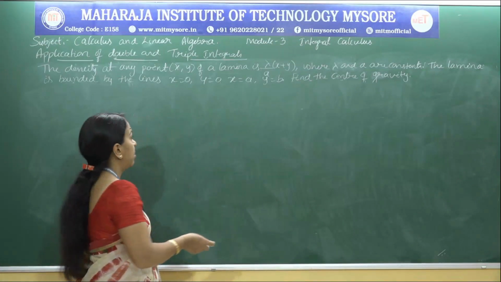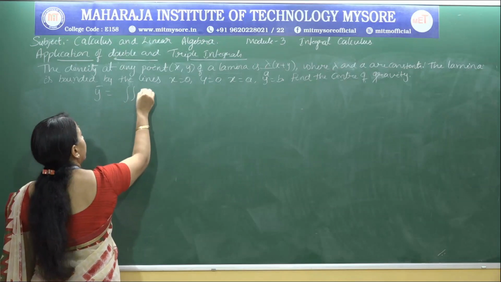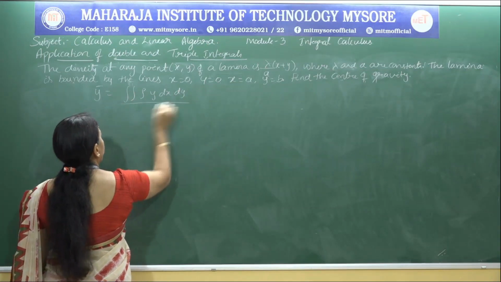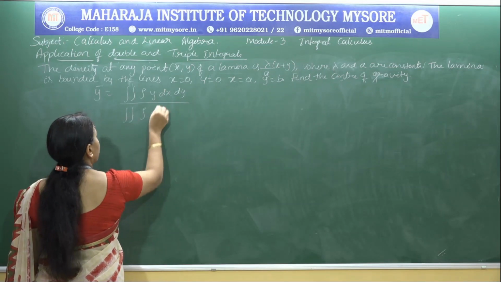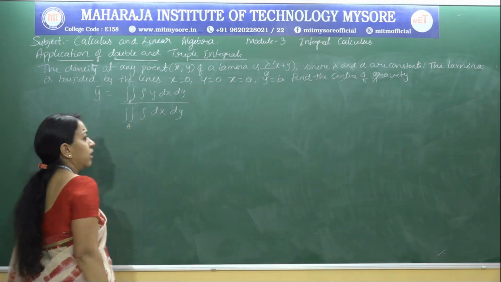Now, similarly, I can obtain y bar. We know the formula for y bar. So, y bar is the double integral of rho into y into dx dy, whole divided by the double integral of rho into dx dy over the given area.